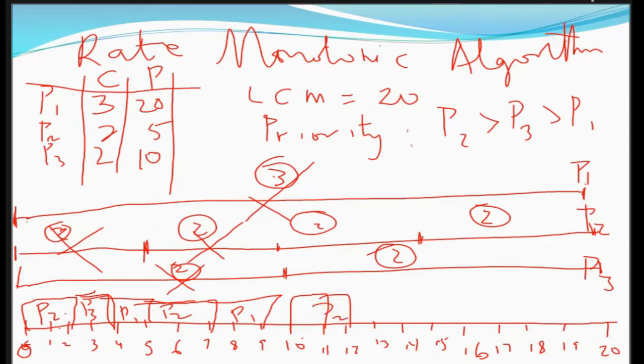So P2 is scheduled up to 12. And then what next? The cycle here is dead, so P3 is active. And then P3 goes for how many units? 2 units. Here. Now, it means P3 is also gone. Now it's only left with how many units of P2?